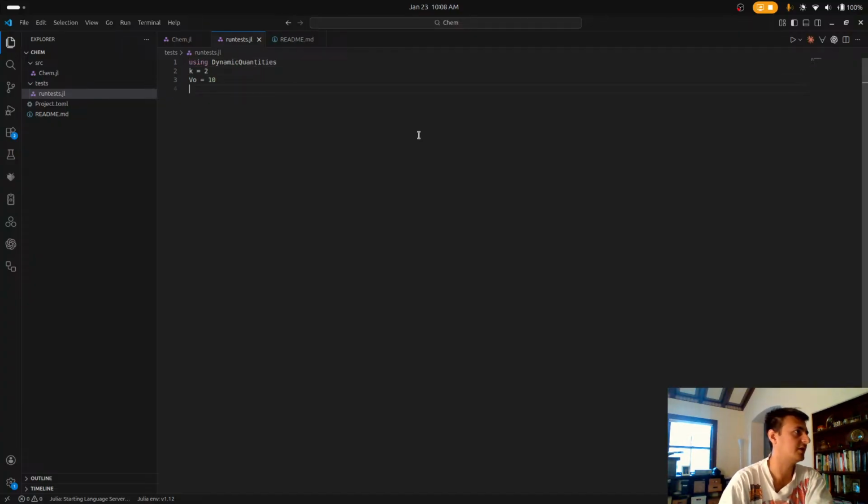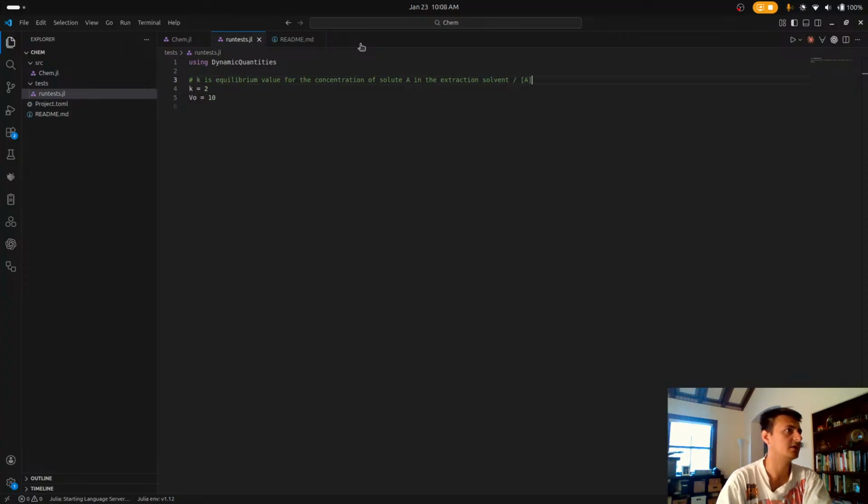So K is really the equilibrium value for the concentration of solute A in the extraction solvent divided by the concentration of A in the original solvent.